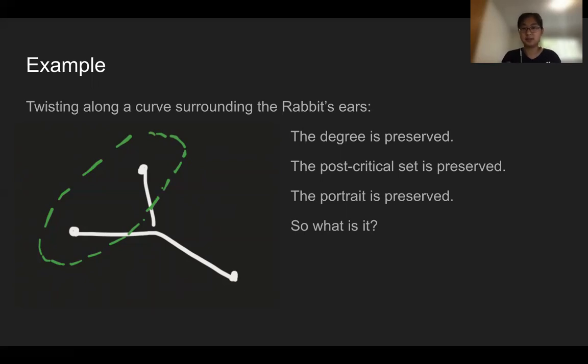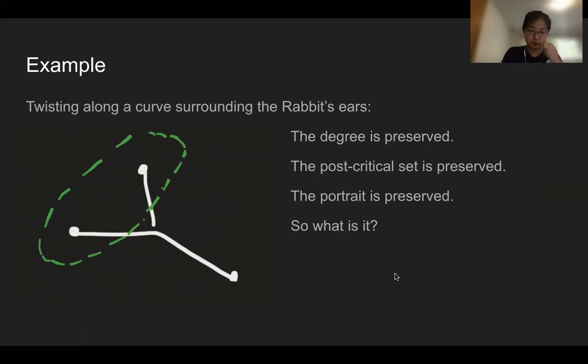So again, it's because the degree is preserved, the post-critical set is preserved, and the portrait is preserved, that we're limited to only three possibilities: the rabbit, the co-rabbit, and the airplane. So Bartholdi and Nekrashevych give a full classification of, given some set of twists, what kind of polynomial you get in the output.